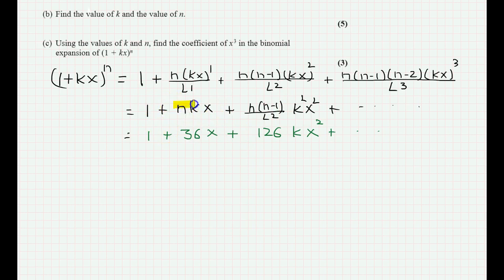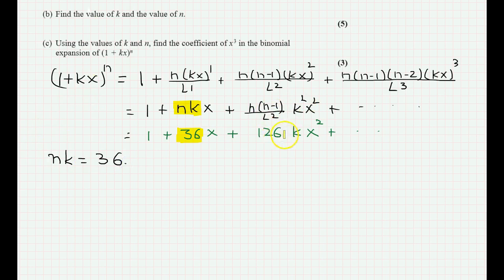Now if we compare this, we leave x, this is nk and this is 36. So our first conclusion, or the first relation, is nk is equal to 36.